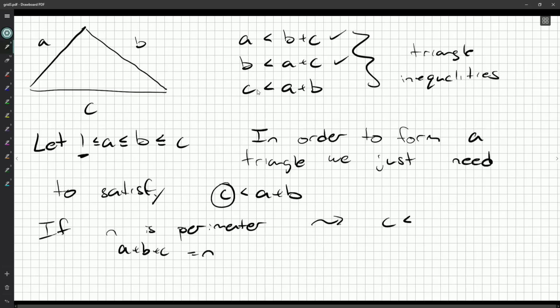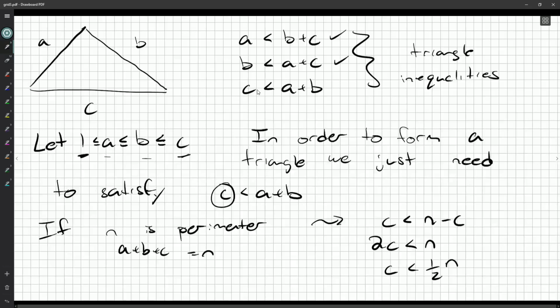So this tells me that C must be less than n minus C, and I guess that turns into 2C is less than n. I suppose we could also say C is less than a half n. So that's a nice, useful inequality. That'll narrow down the C's that I have to pick. And if I narrow down C, well, that limits the possible values for A and B.